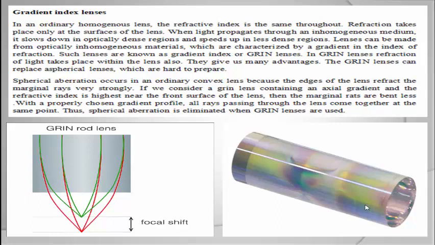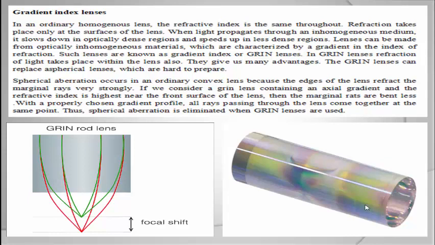Gradient index lenses, the short form is GRIN lenses. In an ordinary homogeneous lens, the refractive index is the same throughout. Refraction takes place only at the surfaces of the lens.